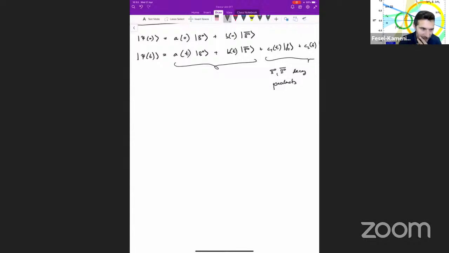Now, to do that, let's consider the Hamiltonian, which governs the time evolution of B naught and B naught bar. In general, since it describes the time evolution of states which decay, it will contain a Hermitian and an anti-Hermitian contribution.